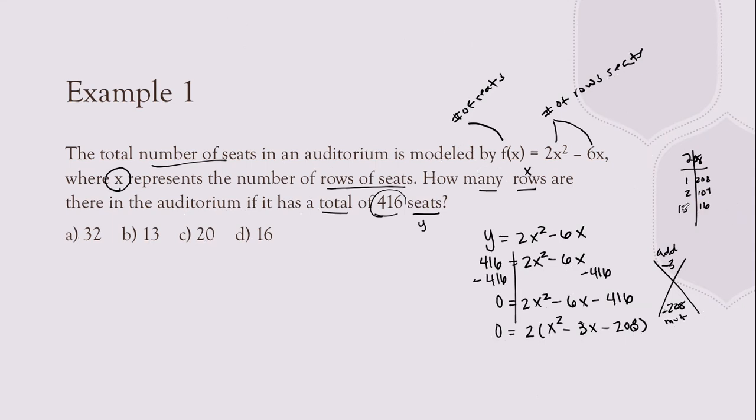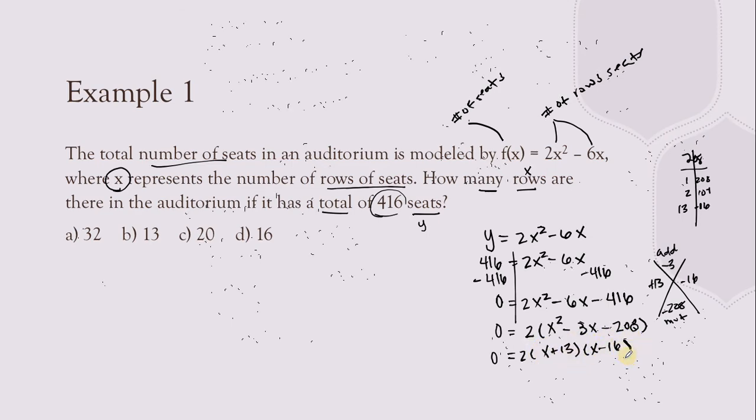I'm going to pause there because I know the difference between 13 and 16 is 3. So if I wanted to add to be negative 3, I know the bigger number needs to be negative. So it's positive 13 and negative 16. So my two factors would be x plus 13, x minus 16.